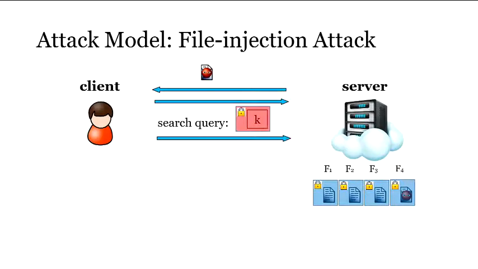And then later, when the client issues a search query or a token, from the file access pattern leakage, the server can tell whether this injected file is in the search result or not. So this is called a file injection attack. The practicality of this attack model for an email system is quite clear. You cannot prevent anyone from sending you emails.